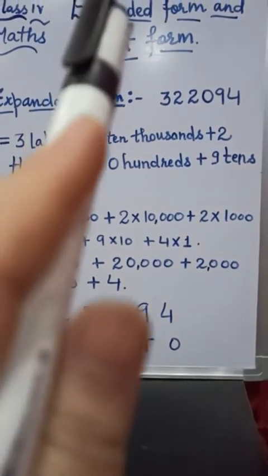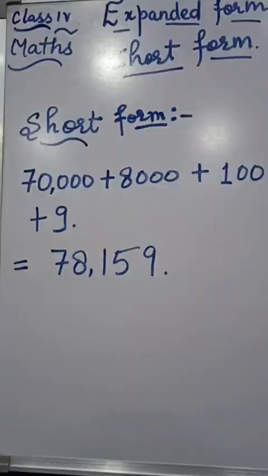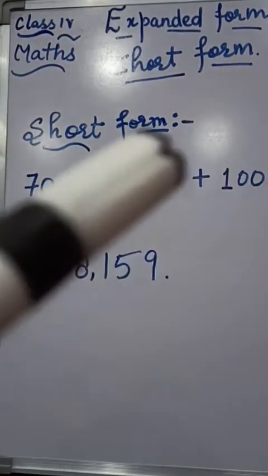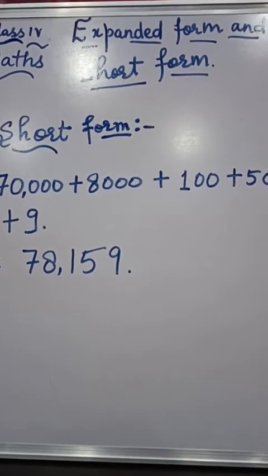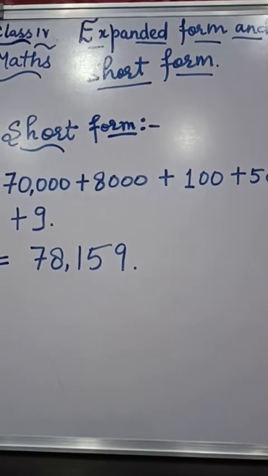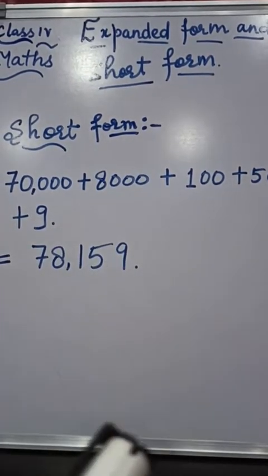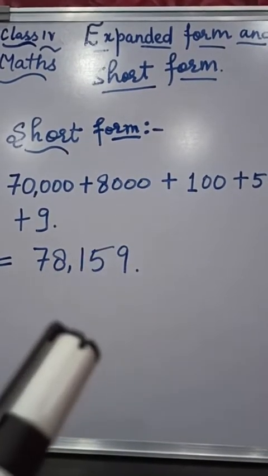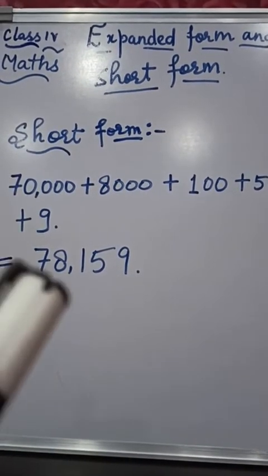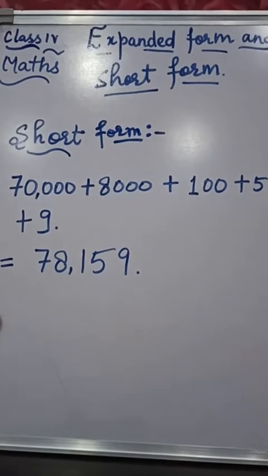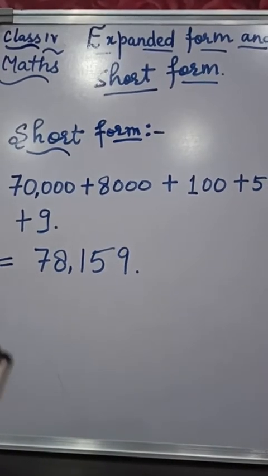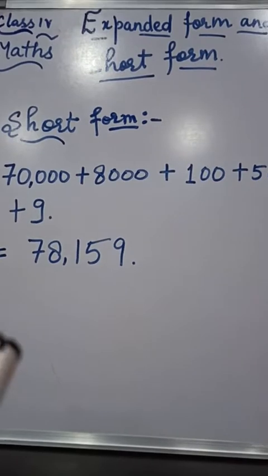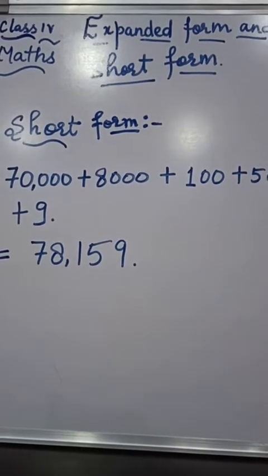Now next is our short form. Now, what is short form? The form we usually use to write. We generally write the number in short form, like 5,000, 50,000.